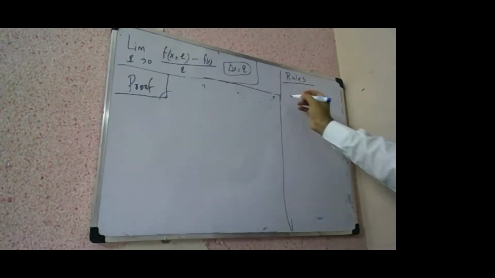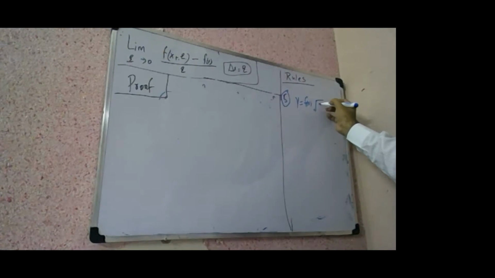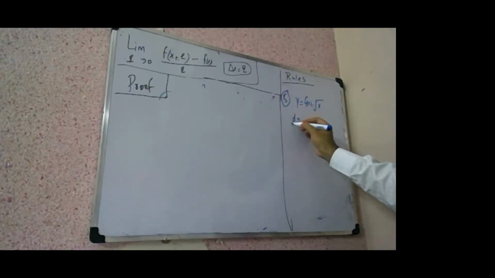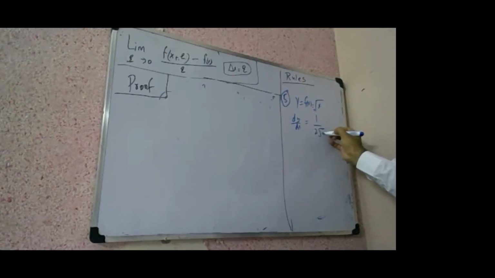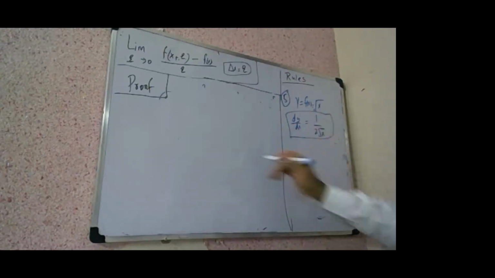So what if we have a function in a root form, that is y equals f of x, root of x? Then we will have dy by dx equals 1 by 2 root of x. This is a rule which you can remember, but how did we get this? Same thing.